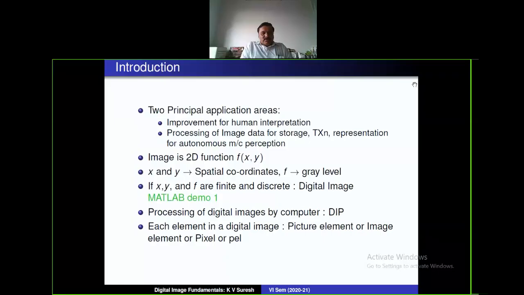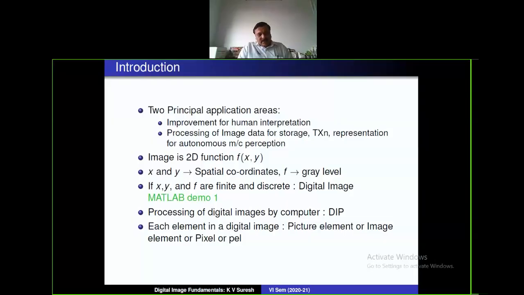Now, as you all know, I have discussed many applications during my presentation in the last few classes. There are basically two principal application areas that you can categorize. One is improvement for human interpretation.